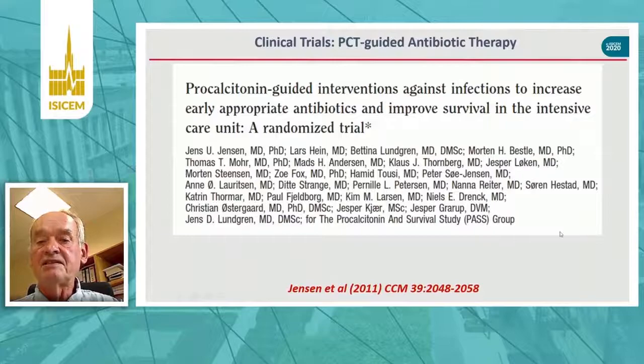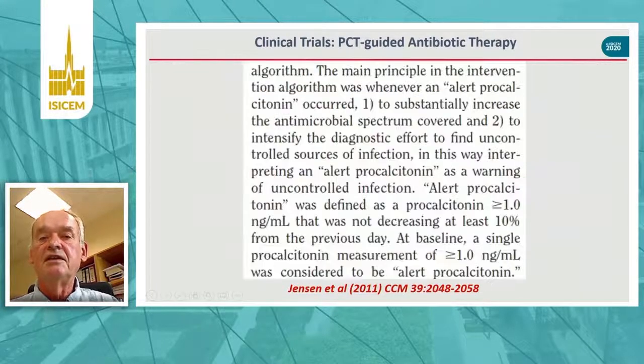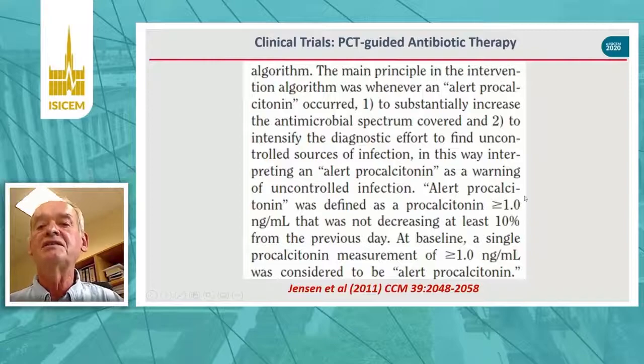In this randomized study, the PASS trial, the investigators looked at whether an early escalation of antibiotics and other treatments in patients suspected to be septic can improve survival. And here is the protocol. The protocol has the principle of an alert PCT. That means if it's higher than 1, we increase the treatment. That relies on the positive predictive value.